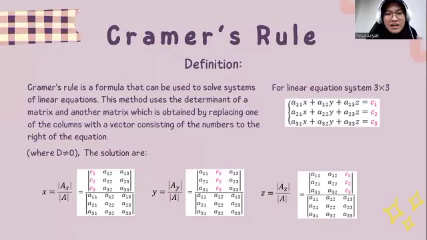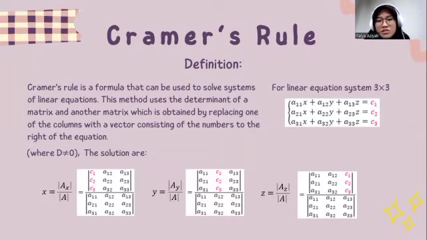Okay, next we're going to talk about Cramer's rule. The definition of Cramer's rule is a formula that can be used to solve a system of linear equations. This method uses the determinant of a matrix and another matrix, which is obtained by replacing one of the columns with a vector consisting of the numbers to the right of the equation.